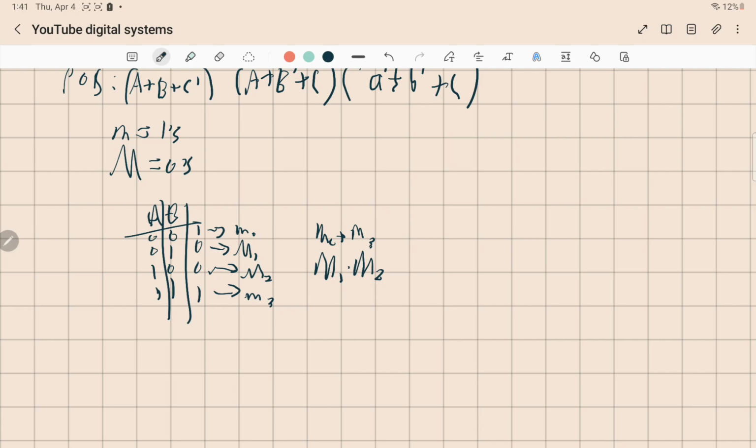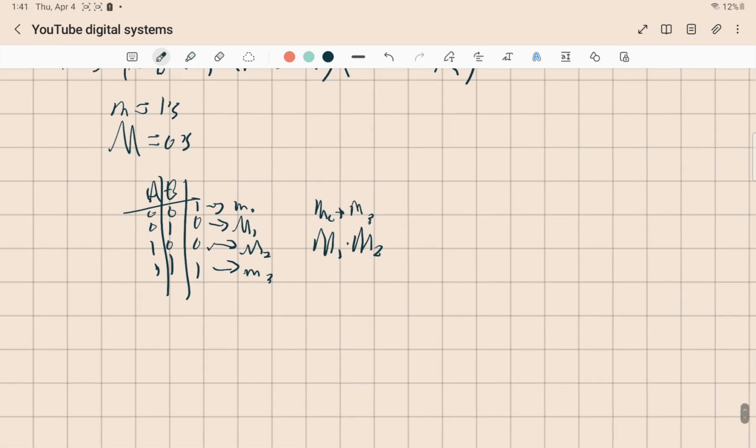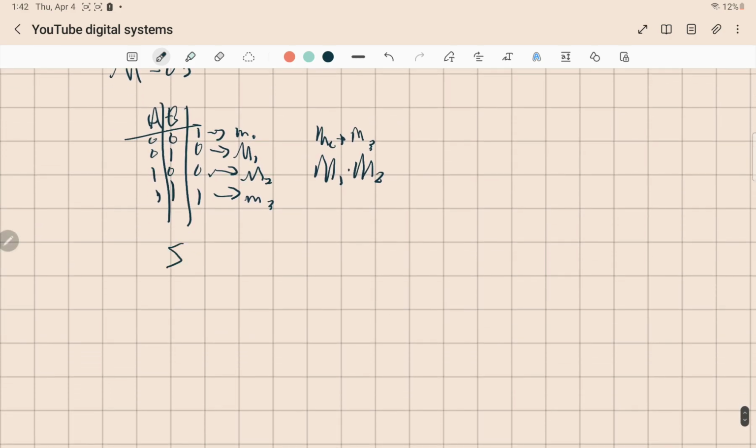Okay. Another way to represent these is with a sigma. So let's say it's 0, 3.